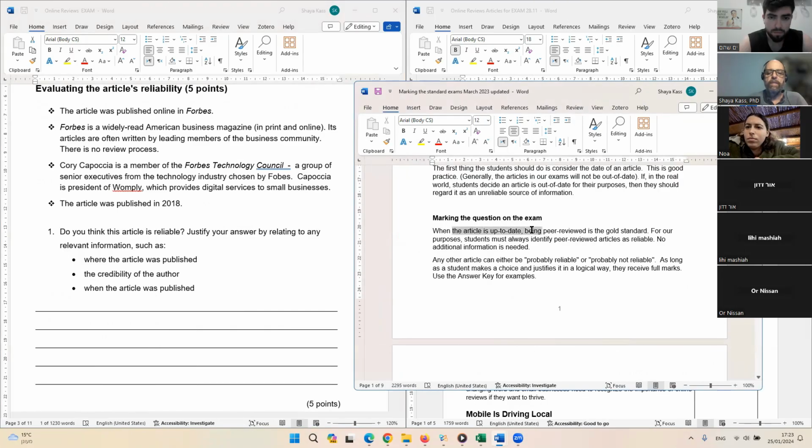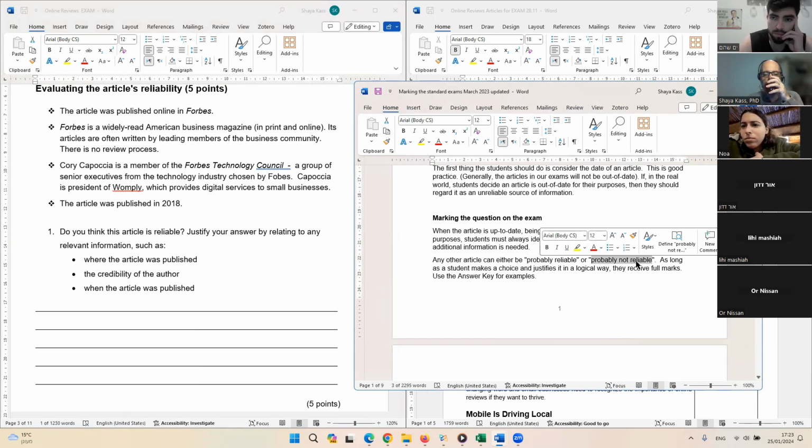If the article is up to date within 5 years and it's peer-reviewed, we tell you it's peer-reviewed, then the only answer is it's reliable. You can't say it's not reliable if it's peer-reviewed in less than 5 years. And the other article is either probably reliable or probably not reliable. You have to make a choice and justify it in a logical way.